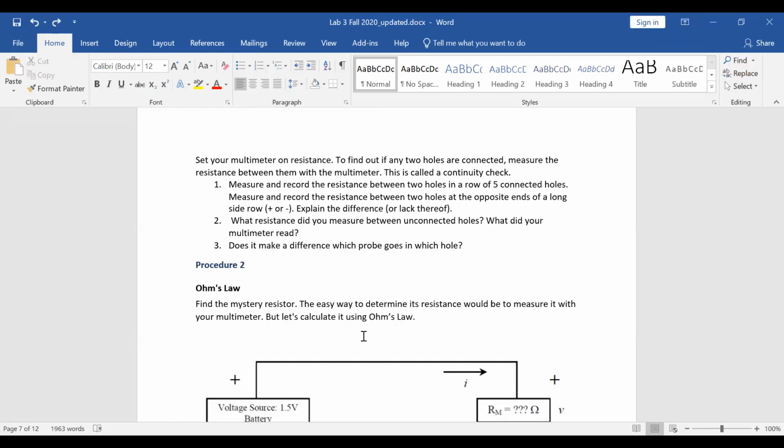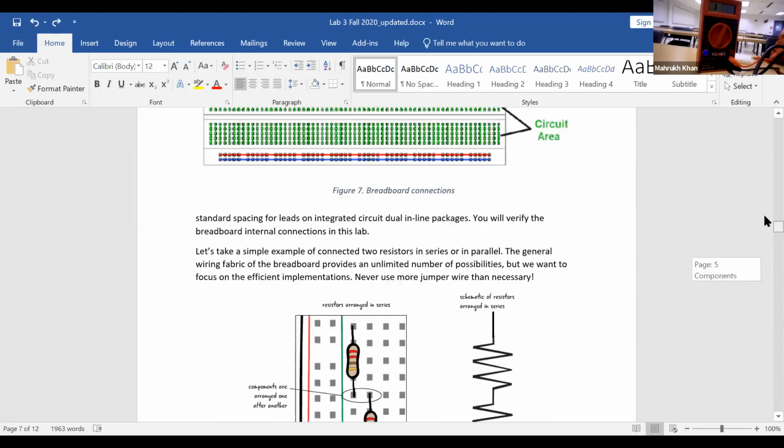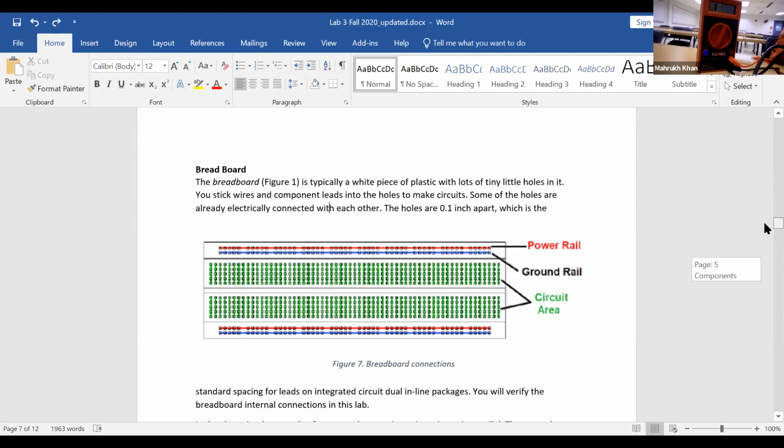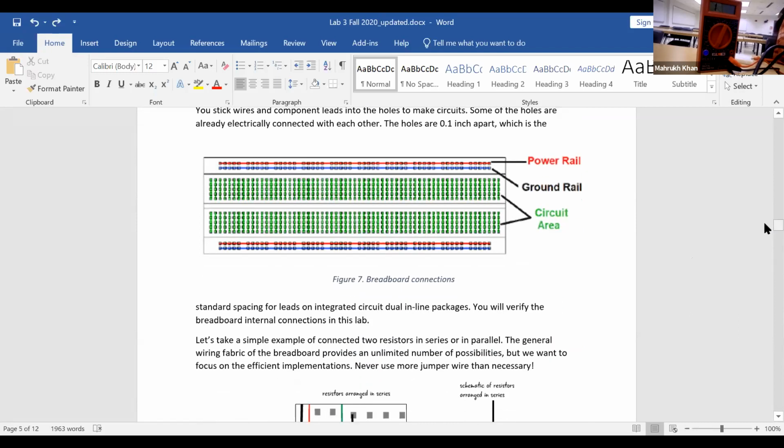Are both circuit areas connected? Like if you put them on the same line? Can you see your figure number 7? Ismail? Yeah. What is your question? Like the circuit areas, like the two columns. So you are talking about this is connected to this, right? Wait 1 second.